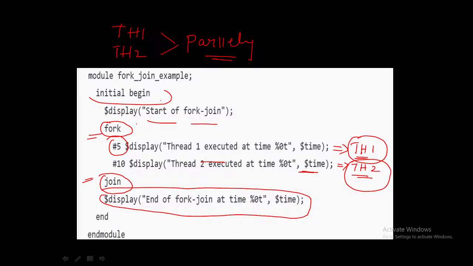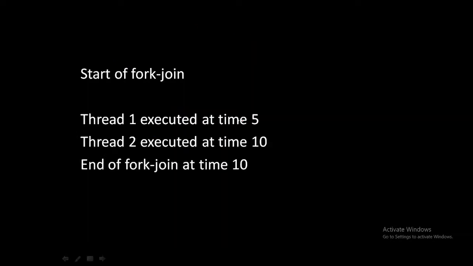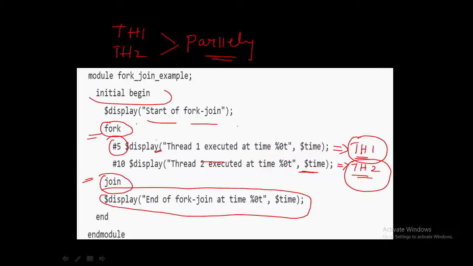This execution takes place, but here you are mentioning some time delay. For the first thread you are giving #5 time unit delay, and for the second thread you are giving #10 time unit delay. So what is the output finally? At time t equal to 0, nothing will be displayed. The statement outside this fork join, that is $display end of the fork, will also not be displayed.